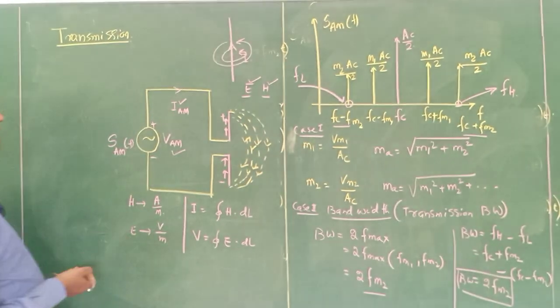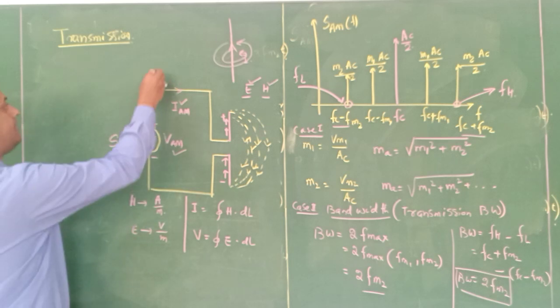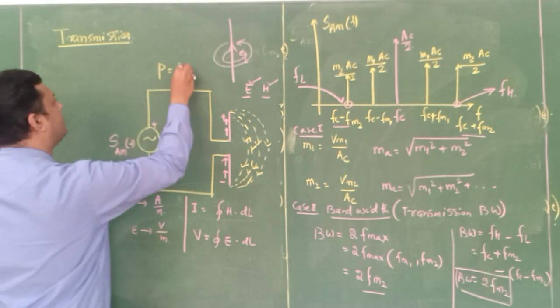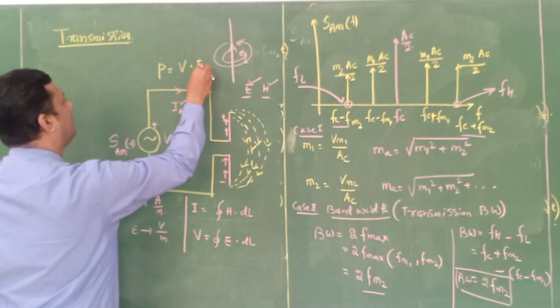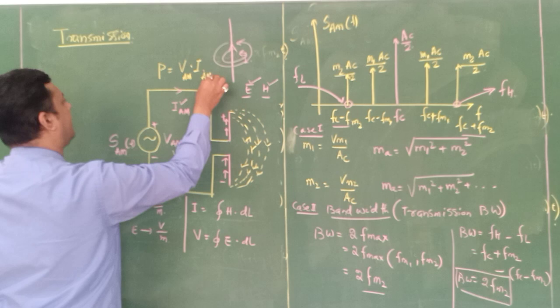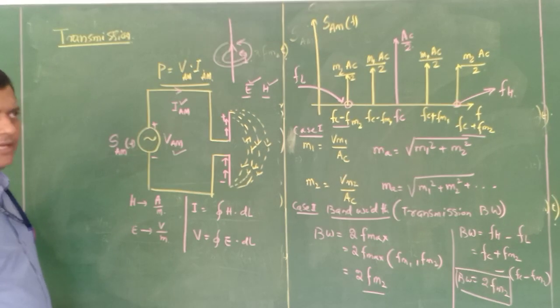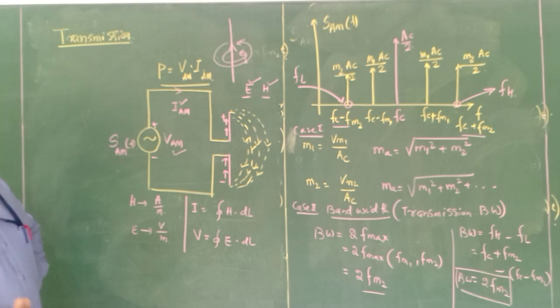Okay. So how am I going to calculate the power? Let's see. If I want to calculate the power available in this circuit, what will I write? P is equal to V into I. So V suffix AM and I suffix AM. So this is the power content in my AM signal. Okay. But since my equation says that it consists of carrier, it consists of sidebands, I have to consider with respect to that.